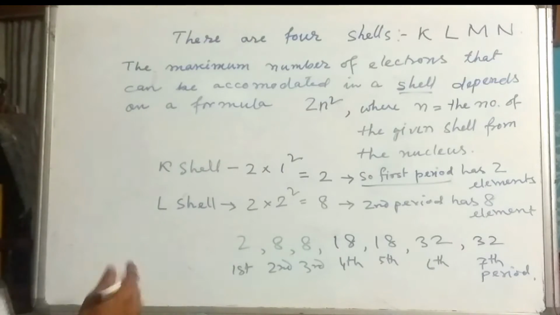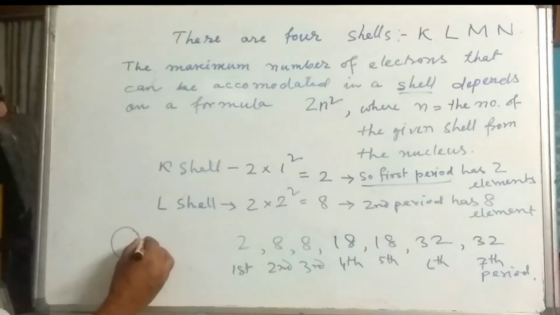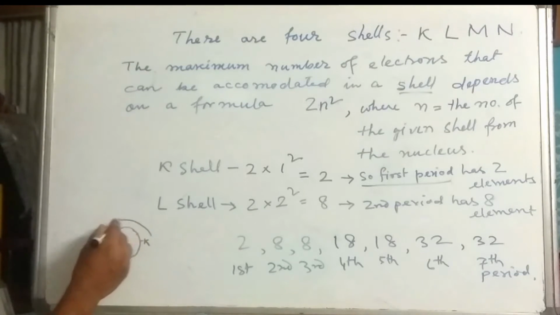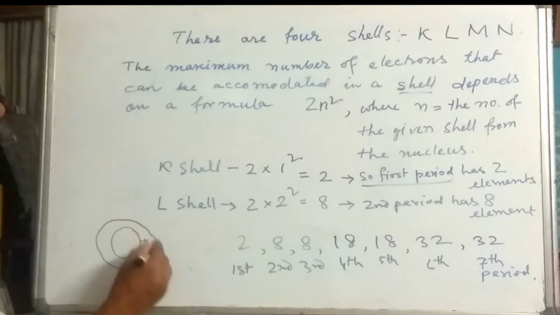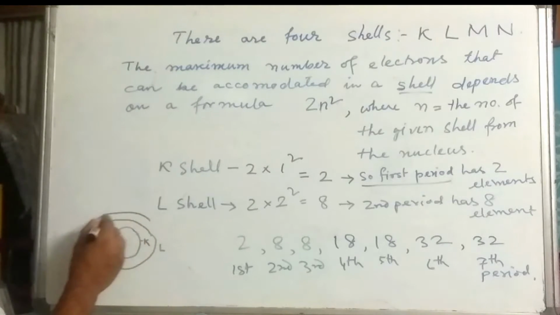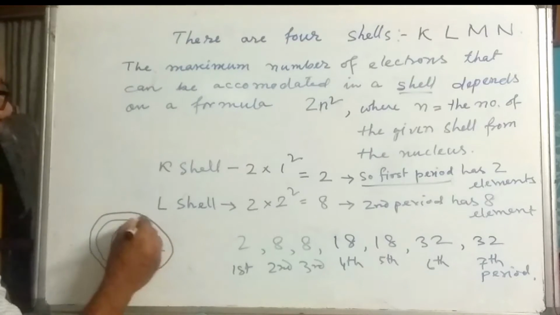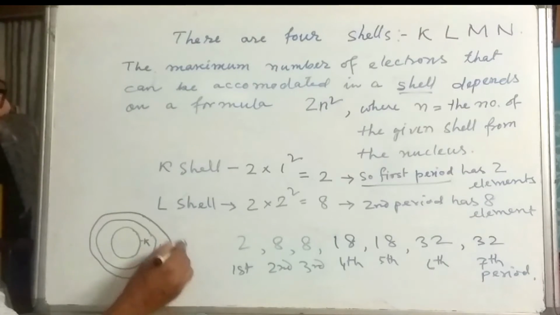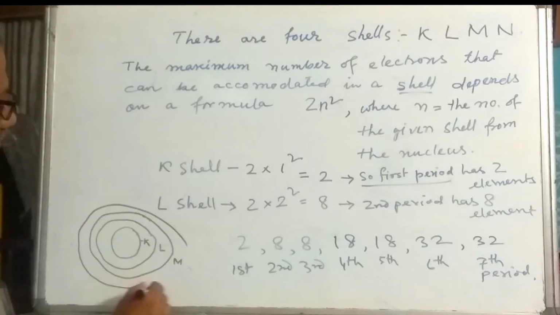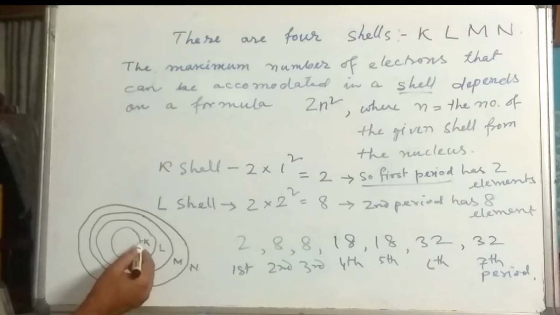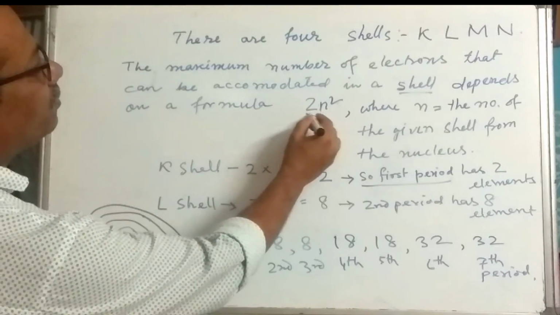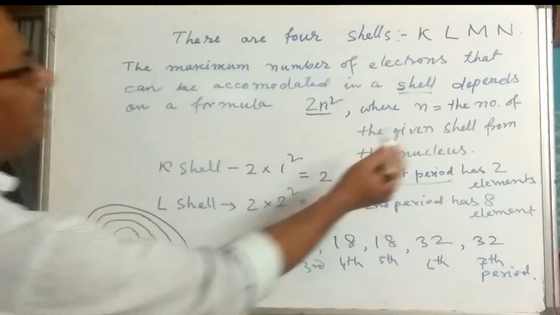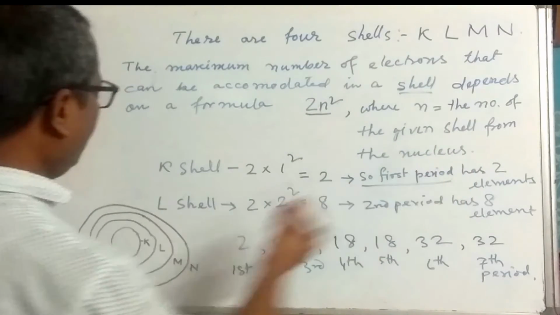So suppose this is the first cell. The first cell is known as K. The second cell is known as L. The third cell is known as M, and the fourth cell is known as N. How many electrons a cell can accommodate depends upon the formula 2n², where n is the number of the given cell from the nucleus.